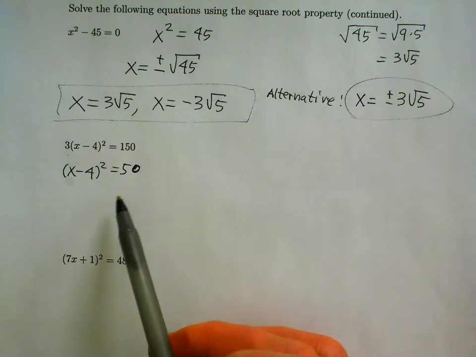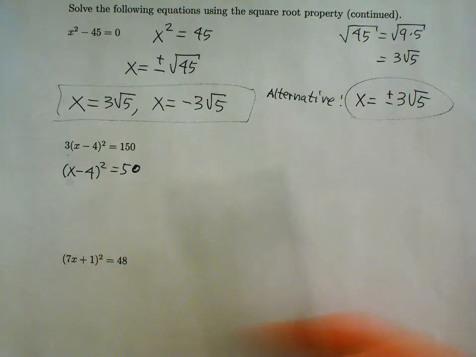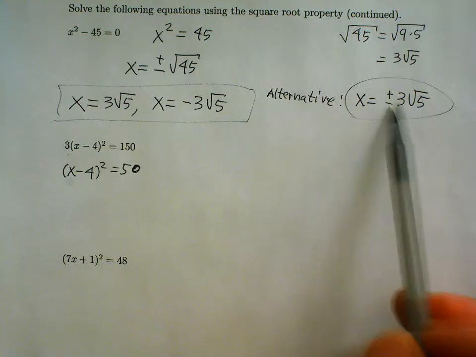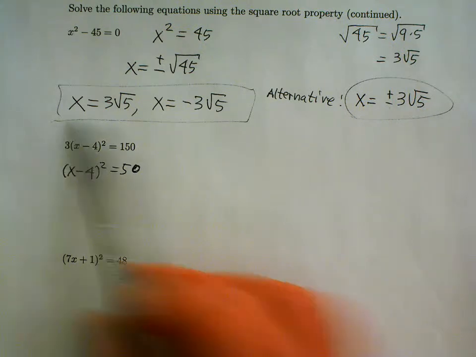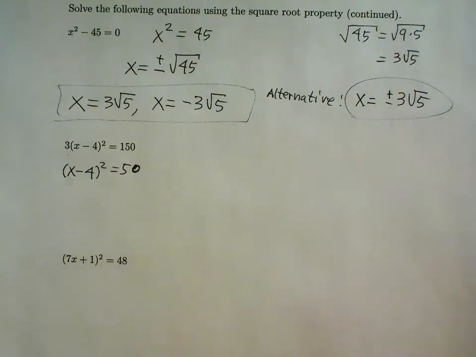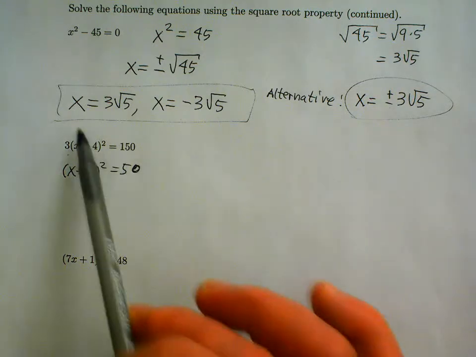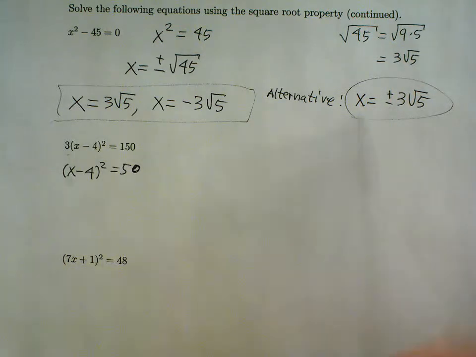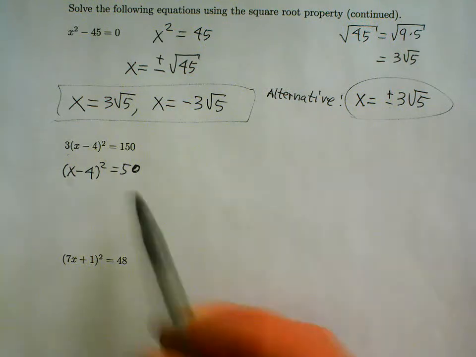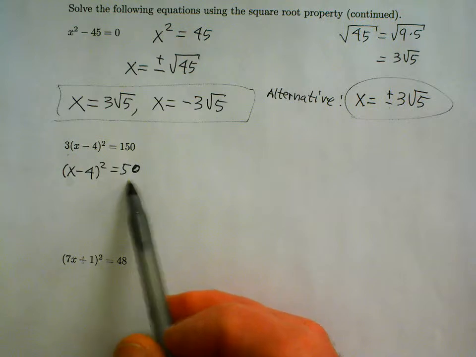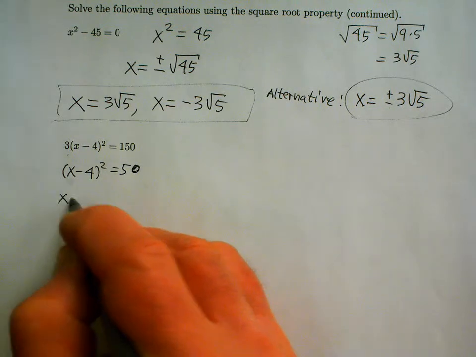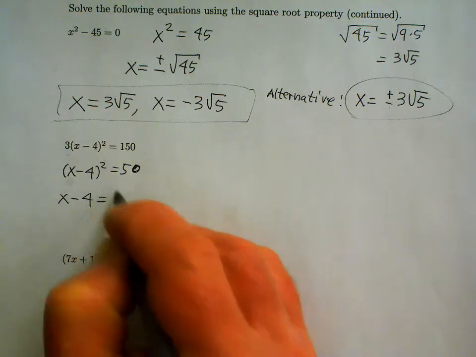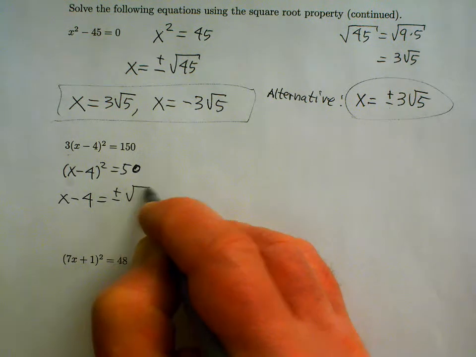So there seems to be a question about when to use plus and minus and when not to. So I'm saying that you can do one or the other. You do not have to do both. I've been doing both a number of times. If we use the plus and minus on this one, x minus 4 squared equals 50, we write x minus 4 equals positive and negative square root of 50.